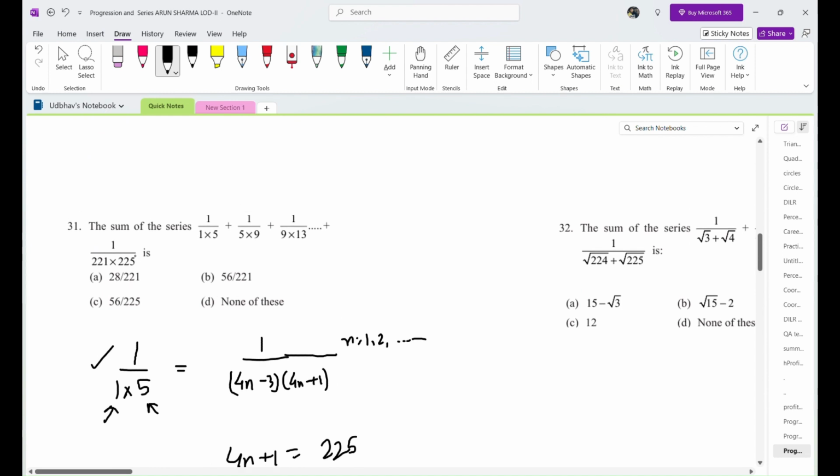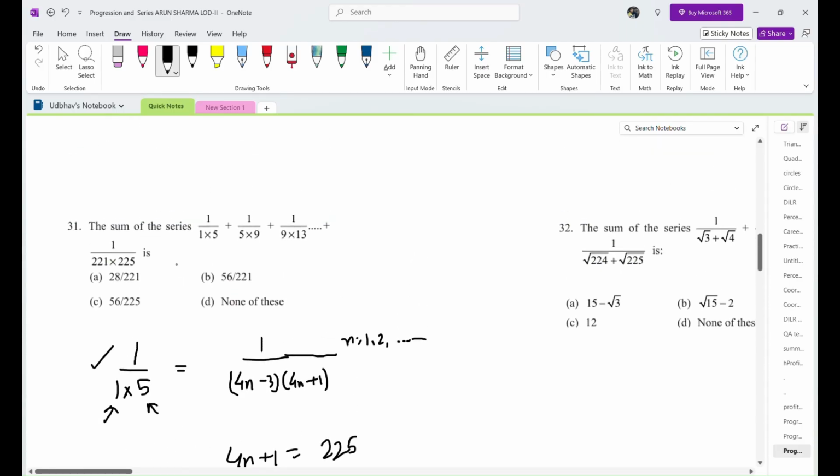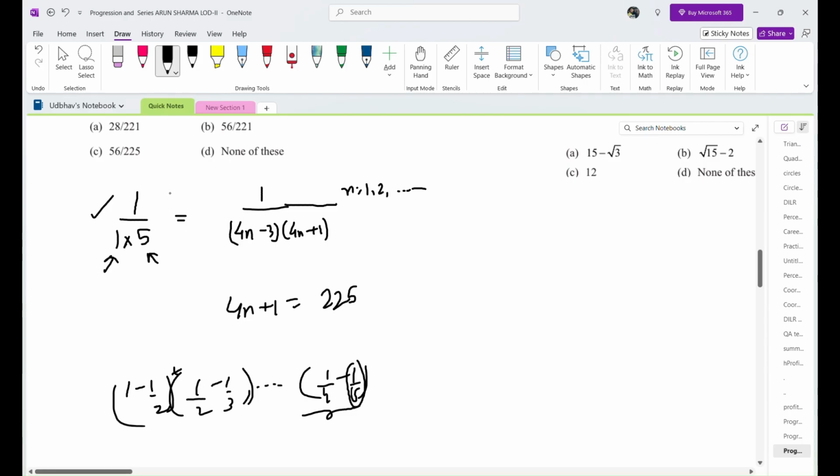So here also everything will get cancelled. Even this 1 upon 221 will get cancelled, and the last term will be 1 upon 225. So that's why, to get the total number of terms in this series, we are taking the latter term and not the previous one.